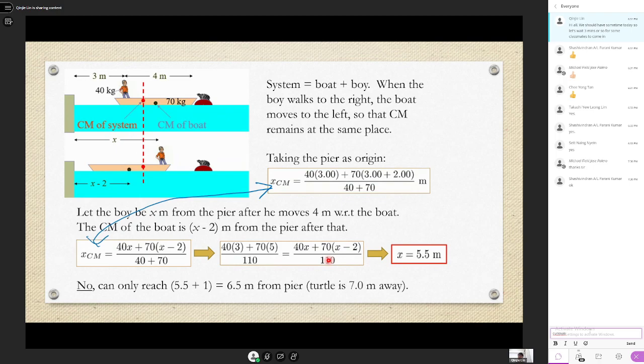Any questions? Oh yeah, regarding attendance, let me check.